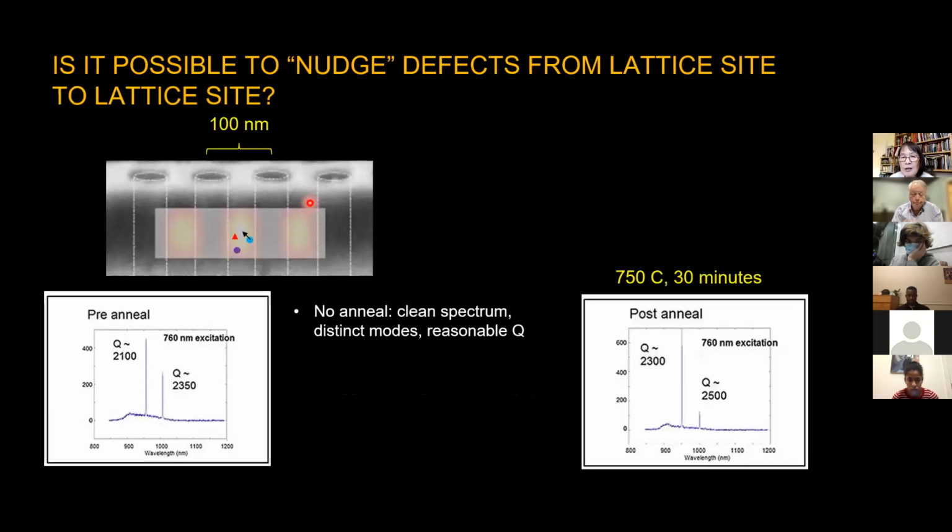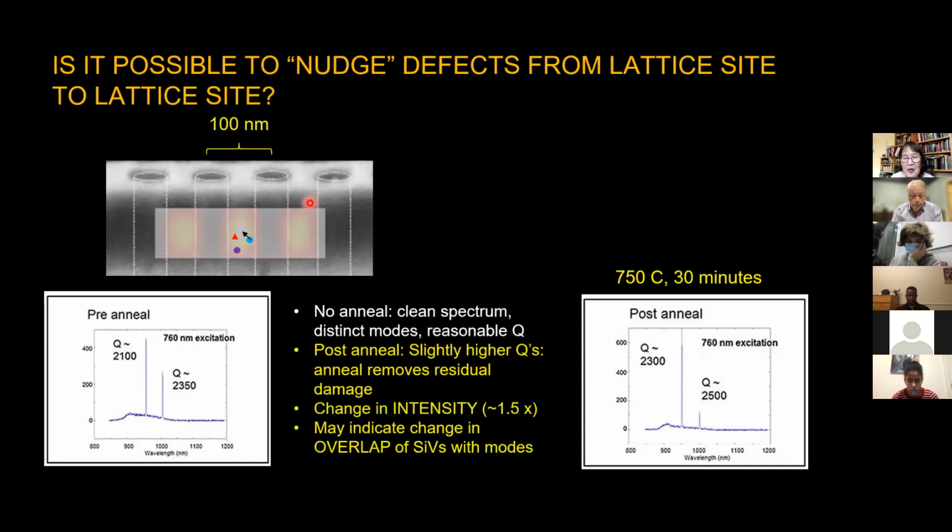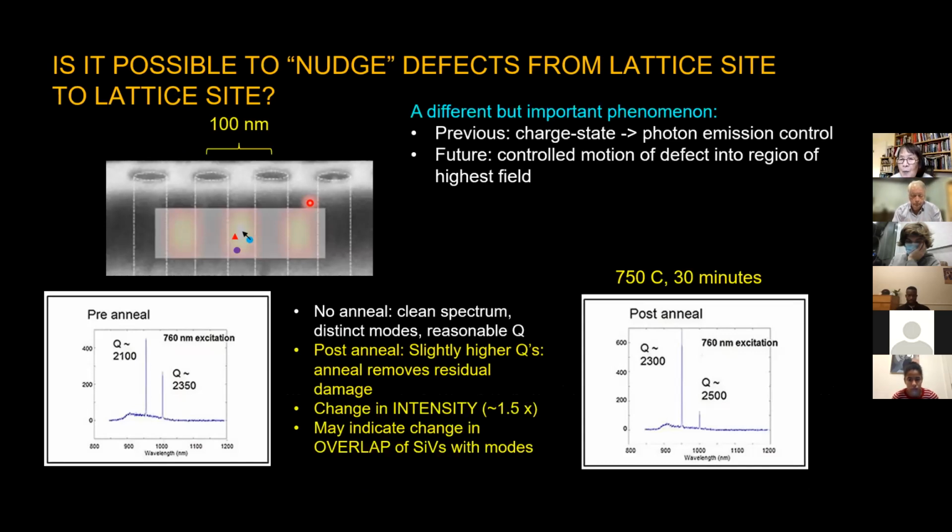Anyway, that was the main point I wanted to make to you, very quickly, and also to tell you we're just at the beginning of everything that we're going to explore. What I've talked about is charge state change to increase the photon emission.